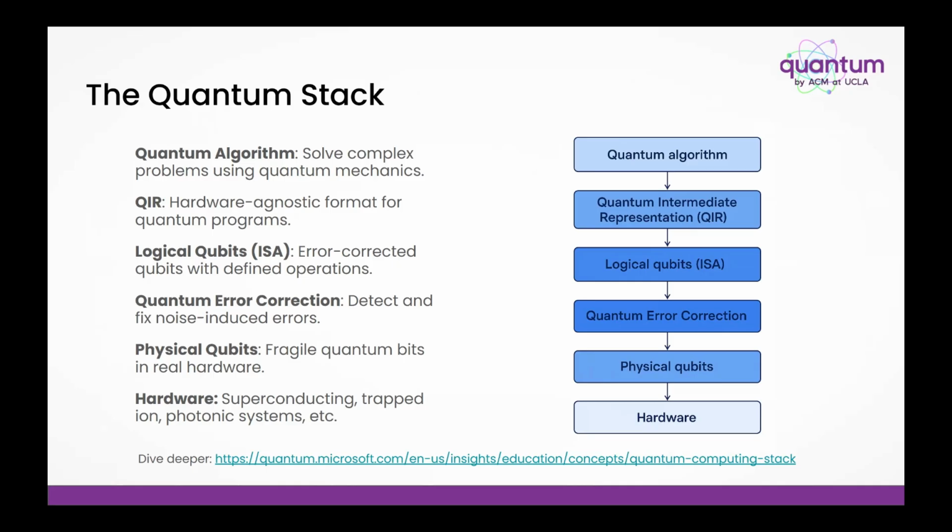So using these kinds of particles to perform useful computation requires us to minimize any outside interference to minimize any errors. All right, so at the bottom, we have the physical qubits layer, the actual superconducting loops, trapped ions, all that good stuff, where companies are still exploring what is the best way to implement this.